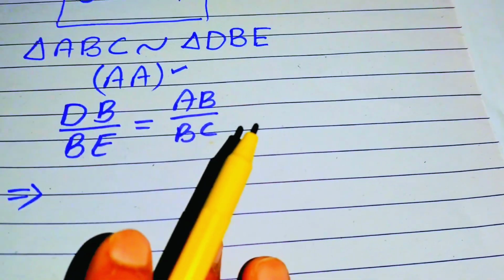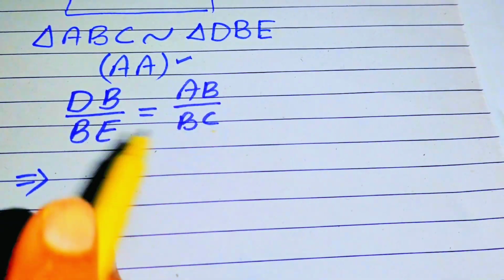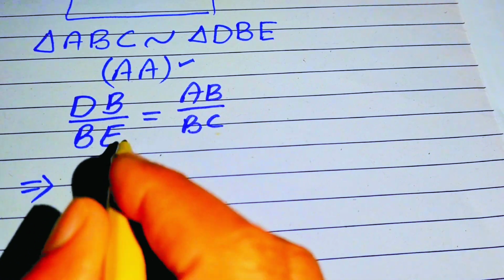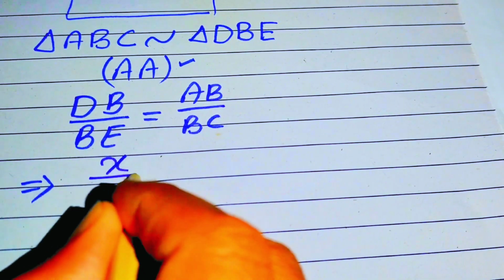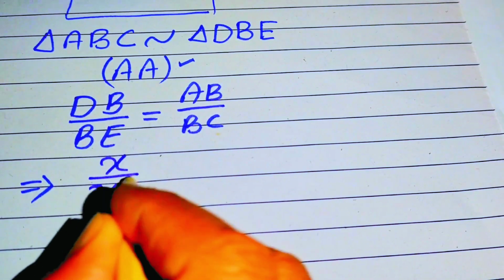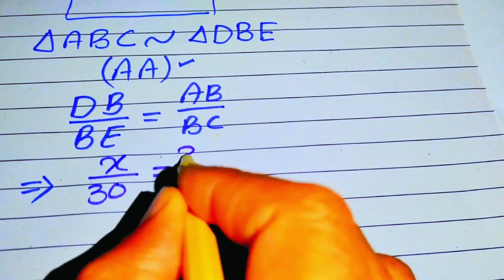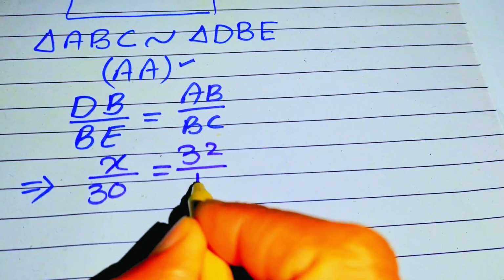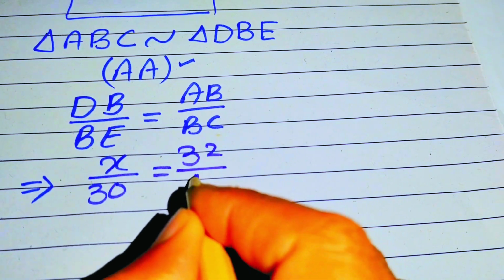So we put all these values here and we obtain x divided by 30 equals 32 divided by 40.